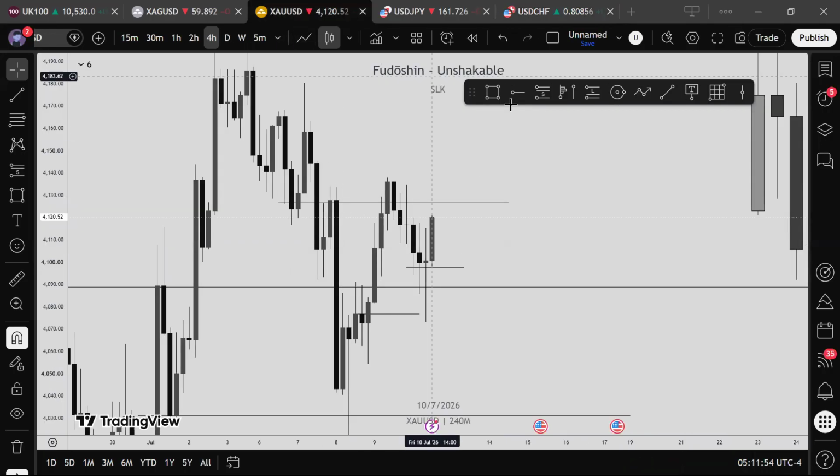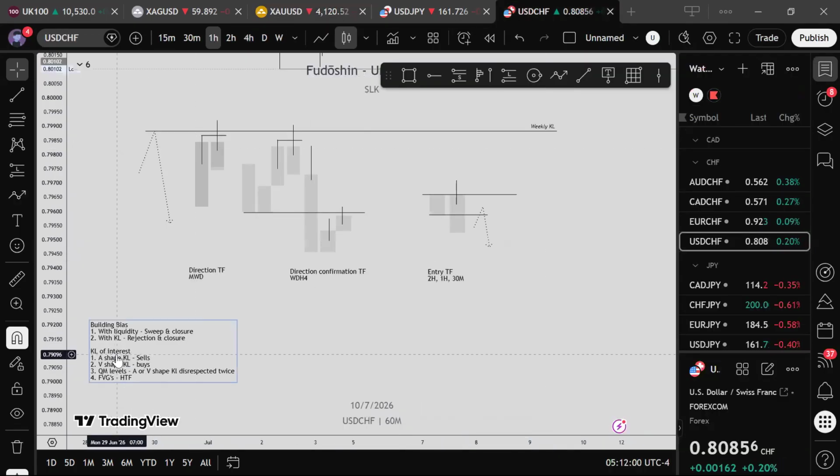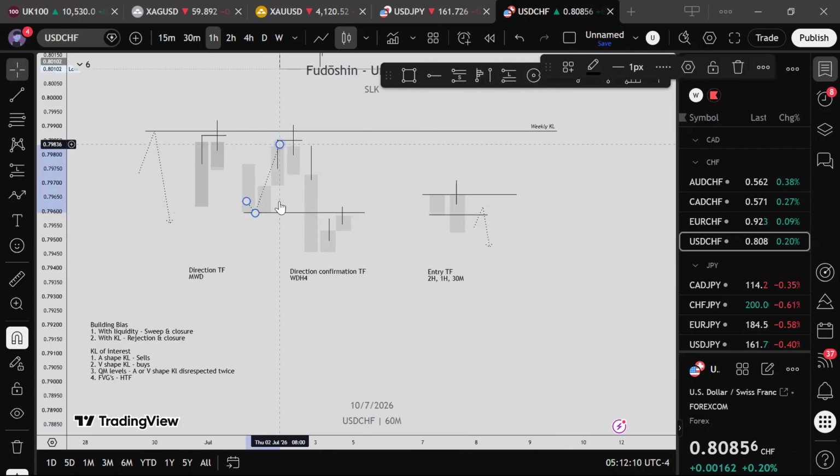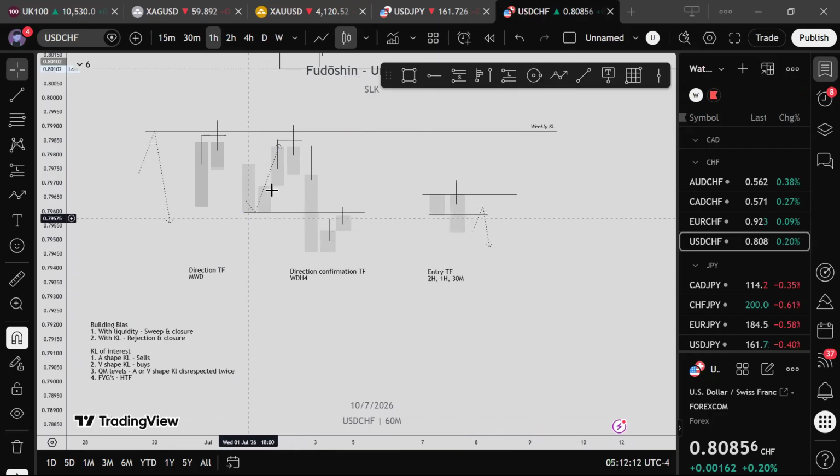Before that, by the way, I have something very important that I put down here, which is your key levels of interest. Your A-shaped key levels are first, that's for sells, V-shaped key levels for buys.